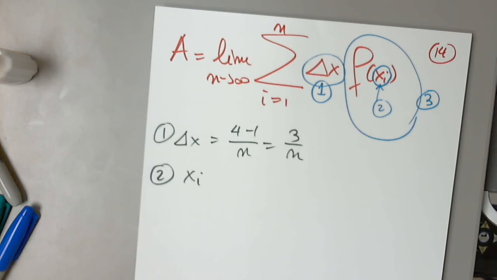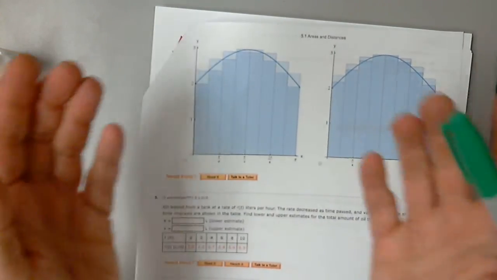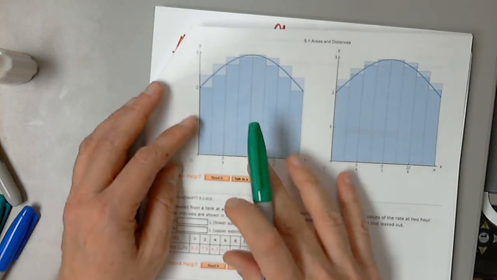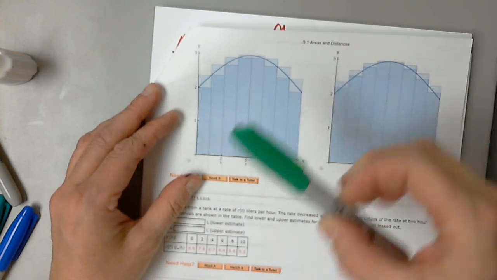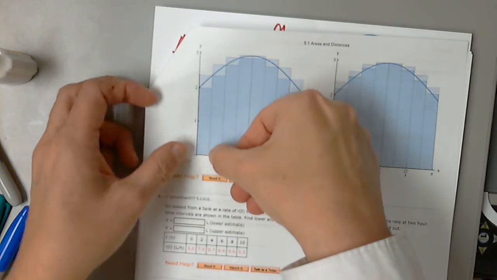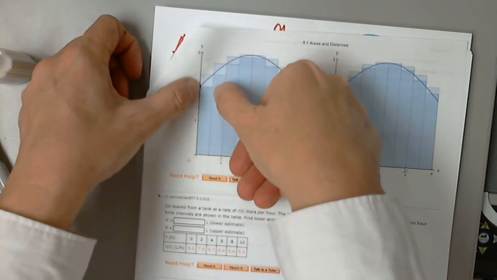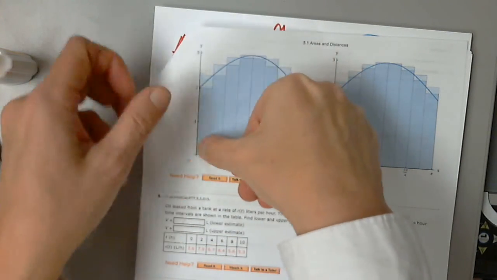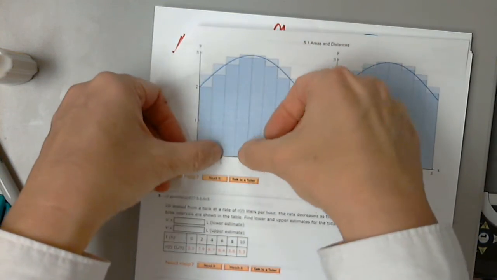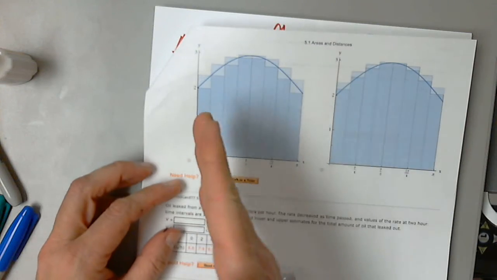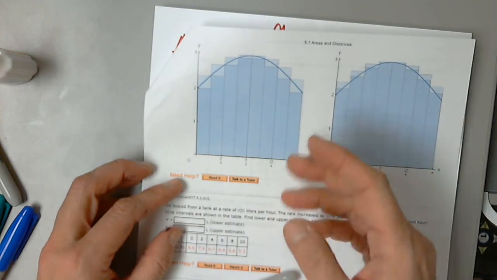Okay. So remember what xi means. Let's take a look. We want to determine the area under this graph between the x-axis and the graph of the function. So I determine the first area using the height of the leftmost point. Then I determine the next one using the height of the next leftmost point, and so on. And I divide it into n subintervals.